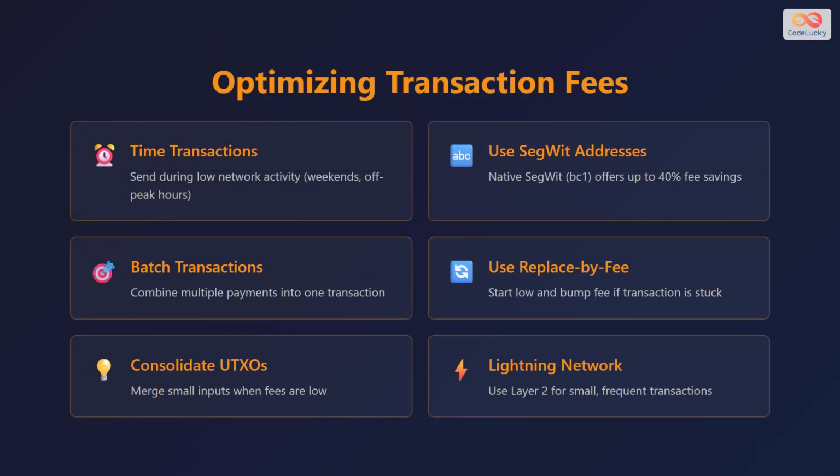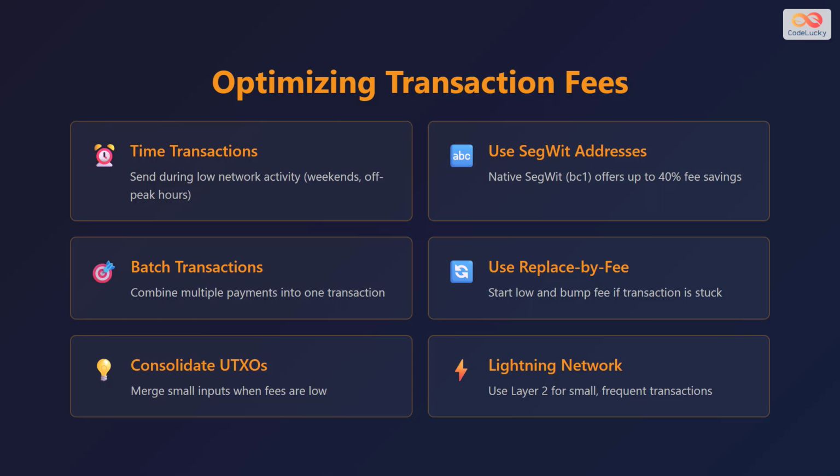There are several strategies to optimize your transaction fees. First, time your transactions by sending during low network activity, such as weekends or off-peak hours. Second, use SegWit addresses, particularly native SegWit addresses starting with bc1, which offer up to 40% fee savings. Third, batch transactions by combining multiple payments into one transaction whenever possible.